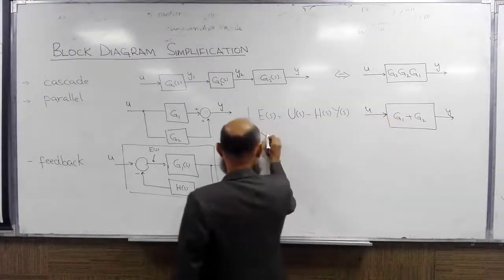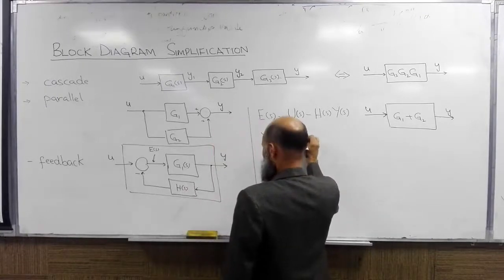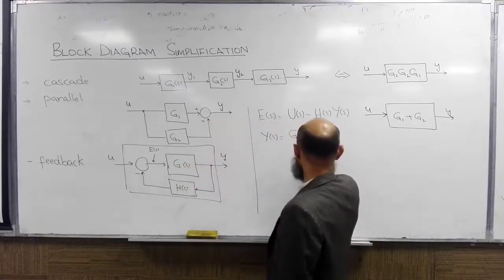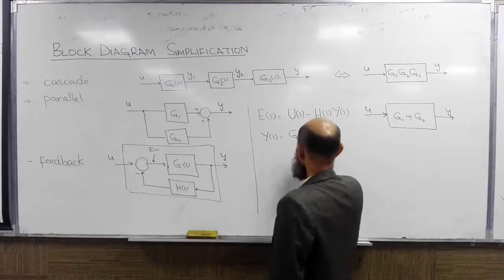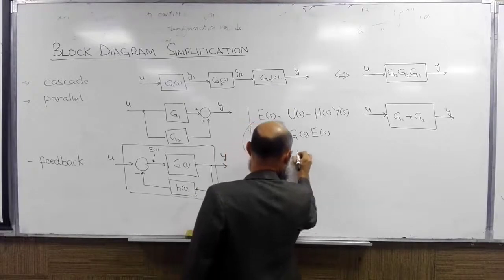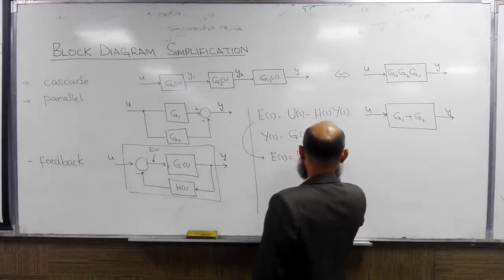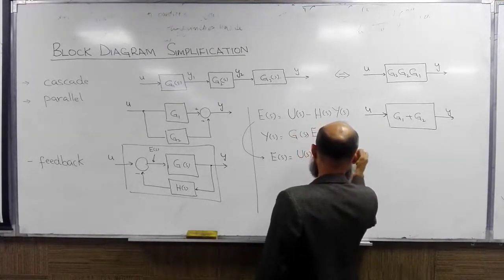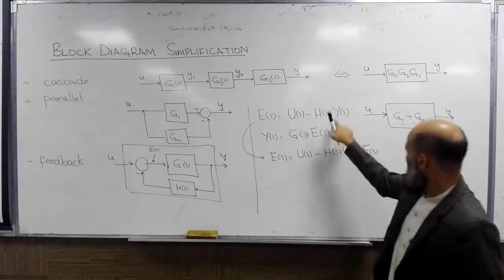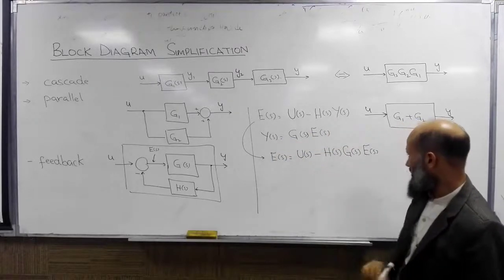Y of S itself is equal to G1 of S, or simply we have only a single G, so G of S into E of S. That is, E of S is equal to U of S minus H of S into G of S into E of S. That is, we have substituted this Y of S into this expression to get this one.